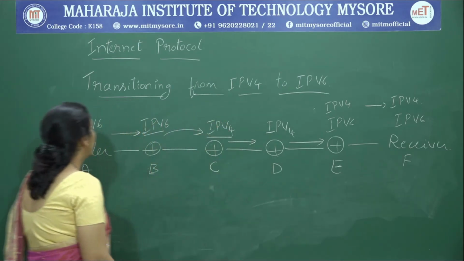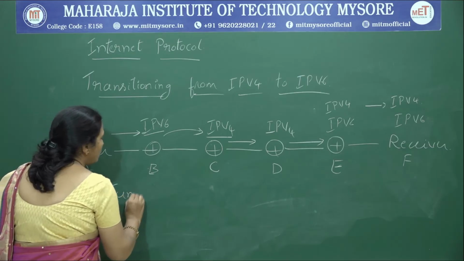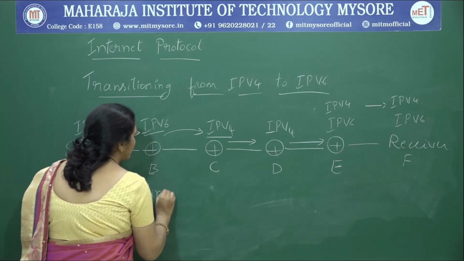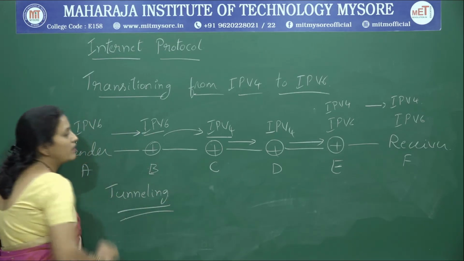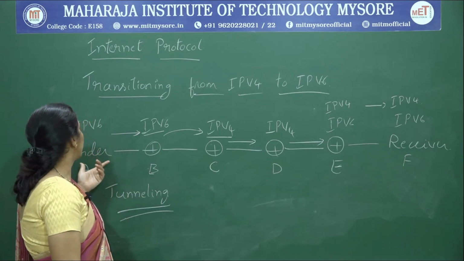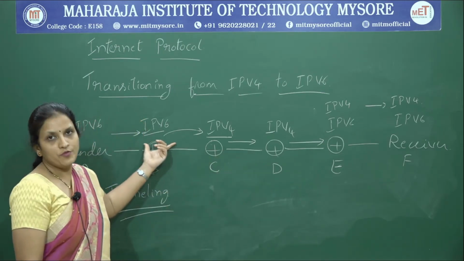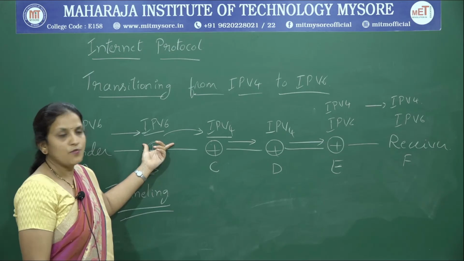So to overcome this problem, we came up with one more solution, that is tunneling. What do we mean by tunneling? When we are transferring the data from A to F, from A to B it will be in IPv6 format, so there is no problem.